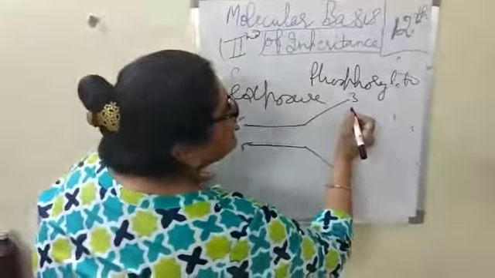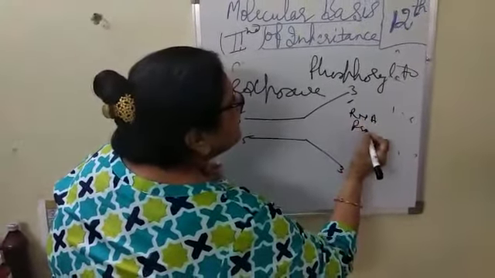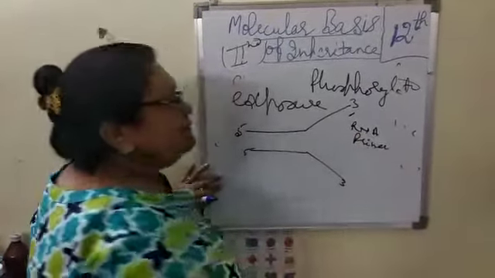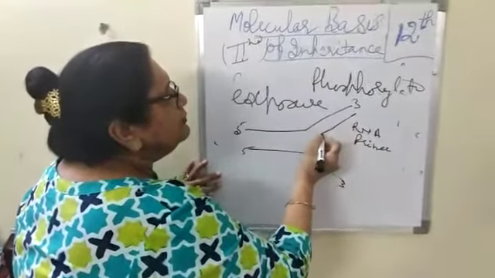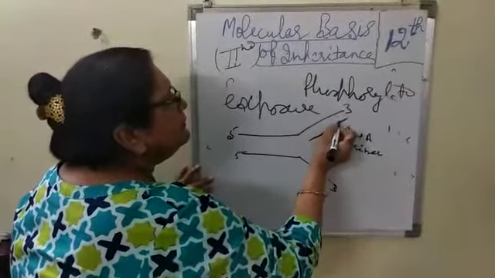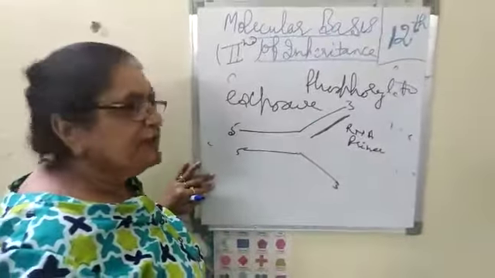What happens then? On this side they need an RNA primer, or RNA primase. They form a continuous strand without any gap, the RNA primer.